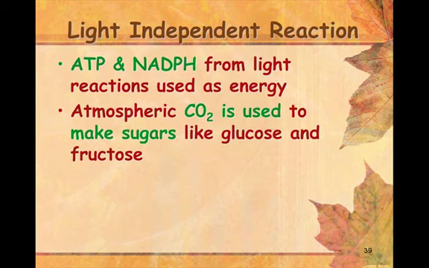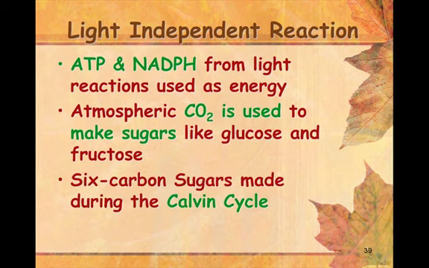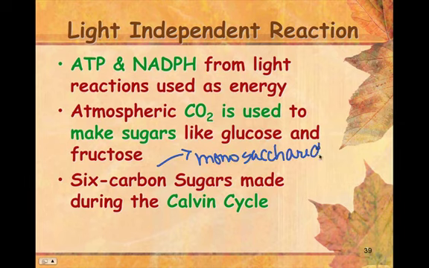Atmospheric carbon dioxide is used to make sugar like glucose and fructose. Fructose is, of course, your fruit sugar. 6 carbon sugars are made during the Calvin cycle. Those are your monosaccharides. So once again, your 6 carbon sugars are your monosaccharides.